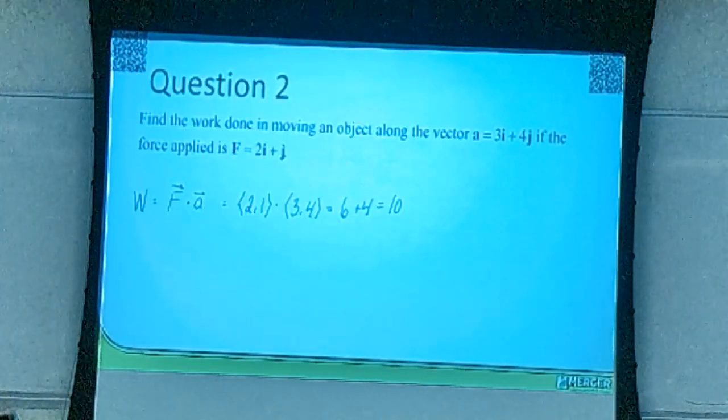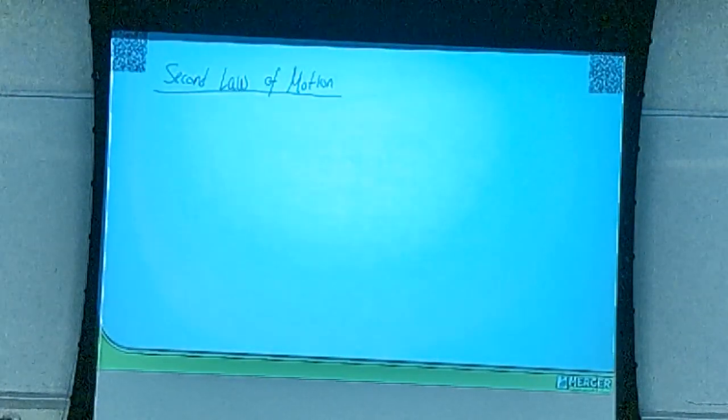A law of gravitation. That's not a law of motion. Most famous.